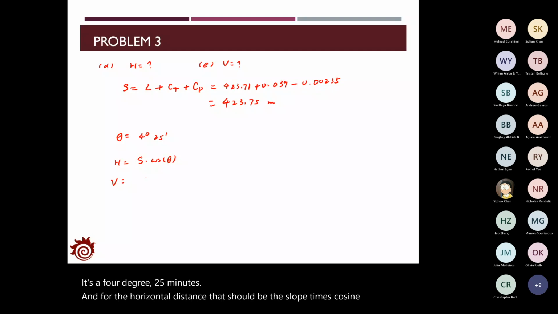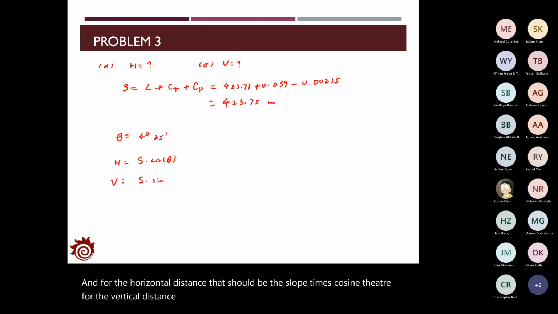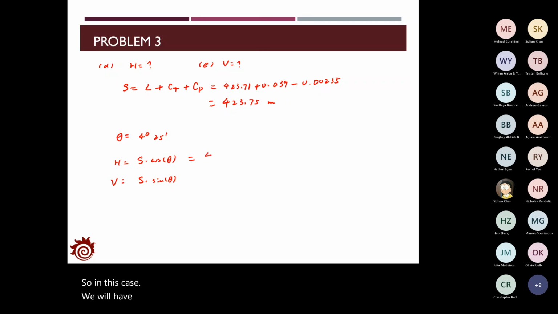And for the vertical distance, it should be the slope times sine theta. So in this case, we will have the slope distance as 423.75 times cosine 4 degrees 25 minutes.